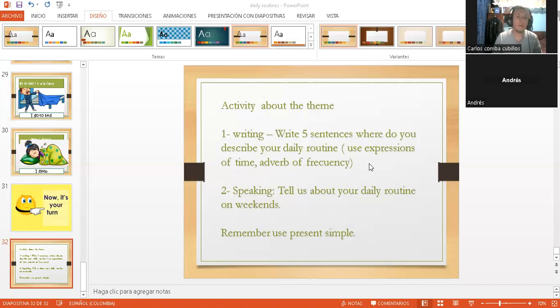Okay, I have the first example, first sentence. I wake up every day at 4 o'clock. Okay, you can say if it's AM or PM, but the structure is good. Continue.